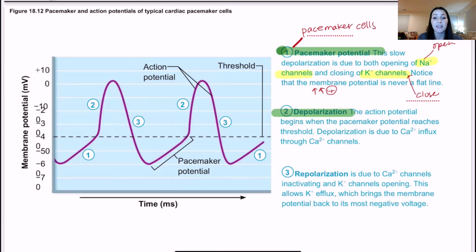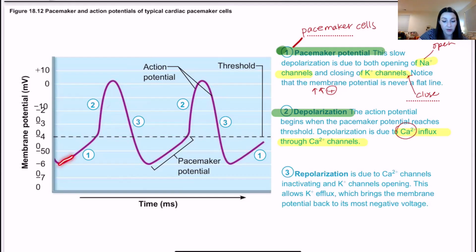And this is due to calcium influx. So instead of sodium channels, as we learned in 430, in skeletal muscles, it's due to calcium. So that's the big difference. Otherwise, pretty much same.